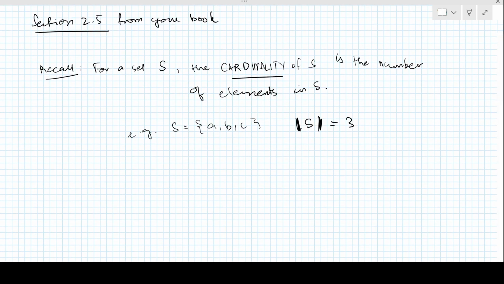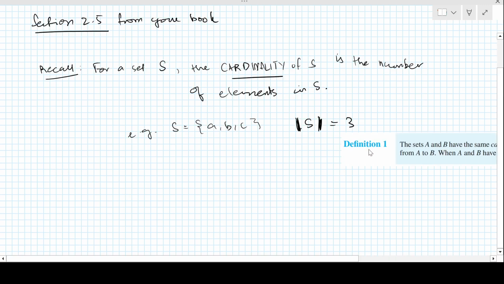Now, your task is to look at some important rules about cardinalities, and the first one is something that you must be familiar with.